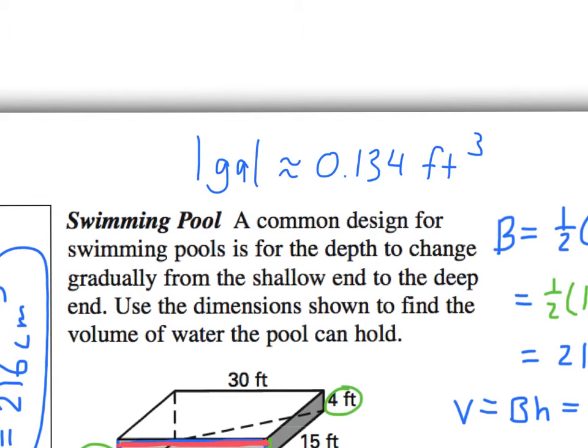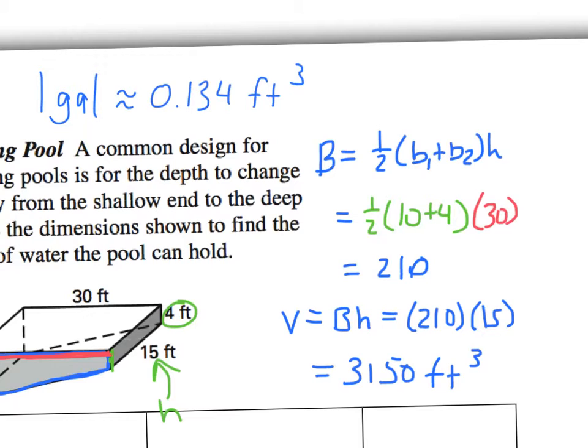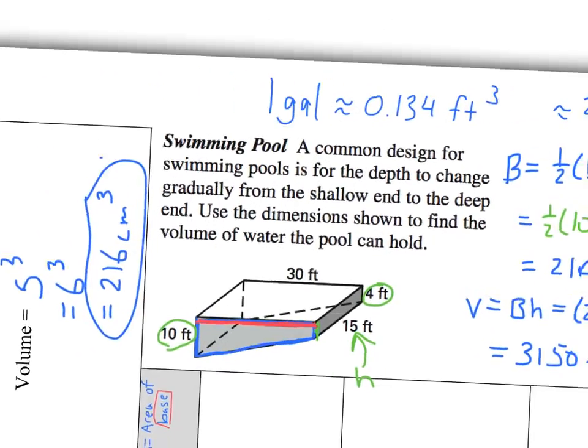So when we take what we just got, the 3150, we divide that by 0.134, we're going to get approximately 23,507 gallons. Now the question doesn't actually ask how many gallons it holds. It just says find the volume of water.